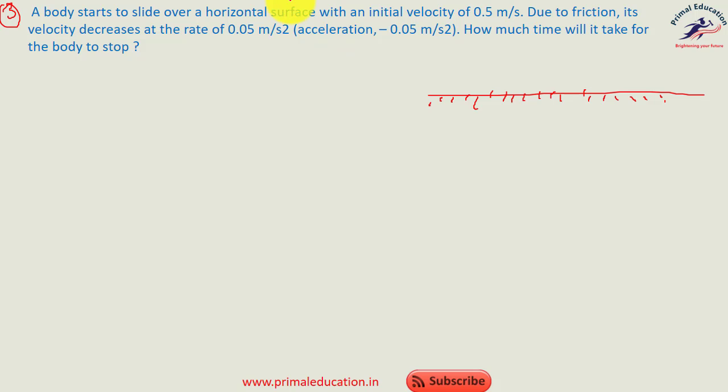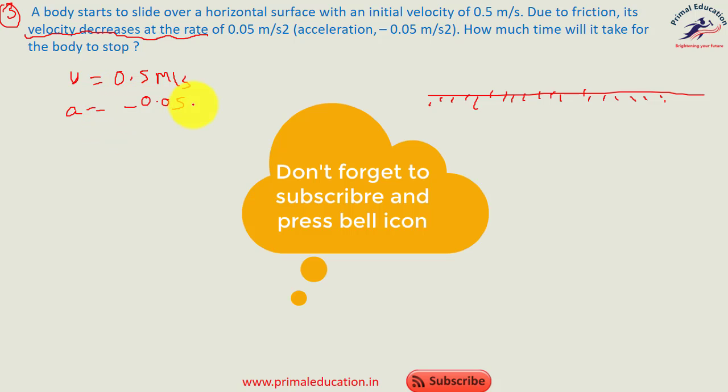Let us suppose the initial velocity is u equal to 0.5 meters per second, and due to friction its velocity decreases at the rate of, which is nothing but the definition of retardation, or deceleration, or negative acceleration. So this is going to be a, which is 0.05. Since it is decreasing, its sign will be negative: meters per second square.